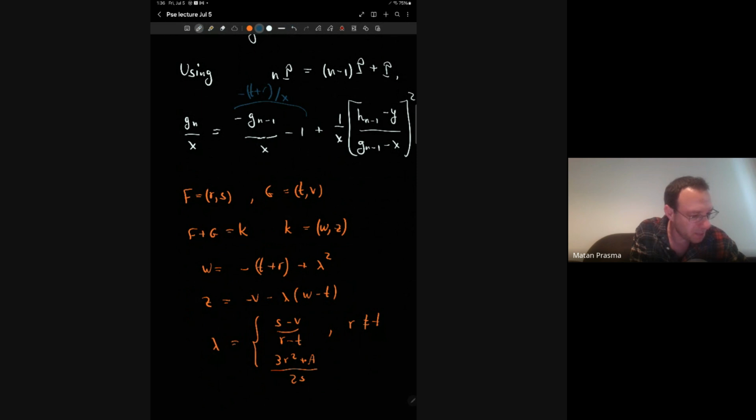So what is minus t plus r? T is the first coordinate of the second point, so t is x here, and r is the first coordinate of the other thing, so r is gn minus 1. So I did minus t plus r divided by x. Is this clear?